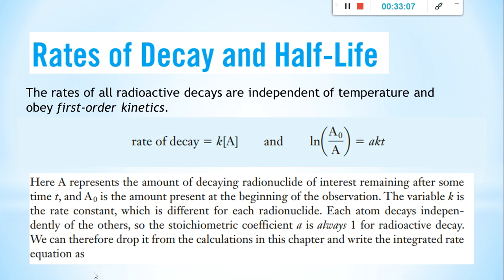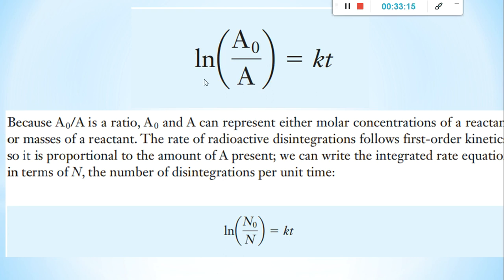So technically we can drop it from the calculations in this chapter and write the integrated rate equation as ln A sub 0 over A is equal to Kt. We need to take note that because A sub 0 over A is a ratio, A sub 0 and A can represent molar concentrations of a reactant or masses of a reactant, then the rate of radioactive disintegrations follows first order kinetics, so it is proportional to the amount of A present.